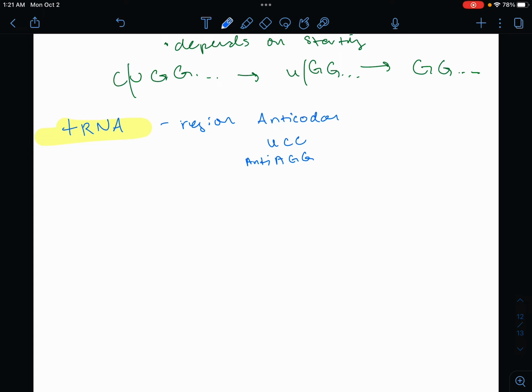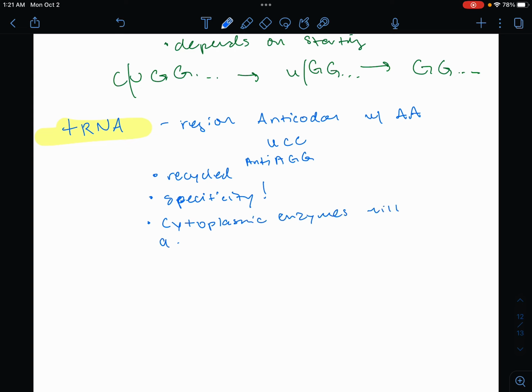And it also has an attached amino acid that matches that anticodon. These RNA molecules are recycled in the process of translation. They give specificity, and the cytoplasmic enzymes will add the amino acid to it.